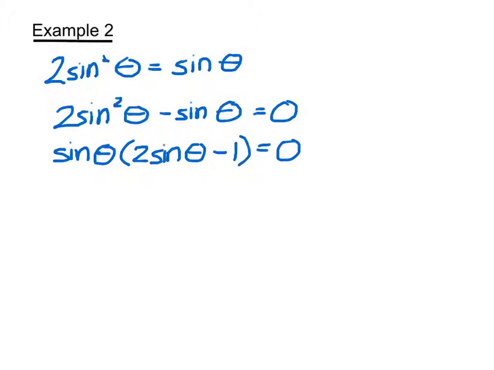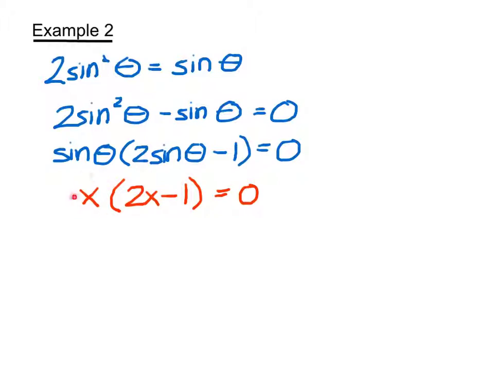And from here we need to recall some information probably from Algebra 2. And I'm going to switch over to substitution here. If I were to give you an equation like x times 2x minus 1, you might remember that I'm going to get two solutions from solving this equation.